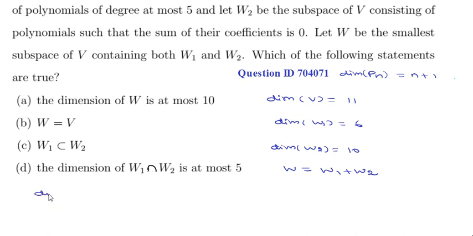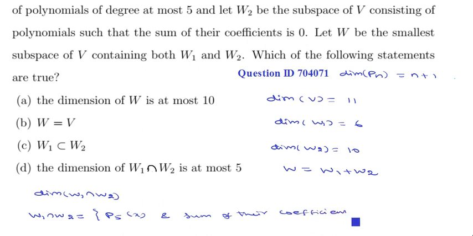Now we will find dimension of W1 intersection W2. So what is W1 intersection W2? This will consist of the set of all polynomials of degree at most 5 and the sum of their coefficients is 0.